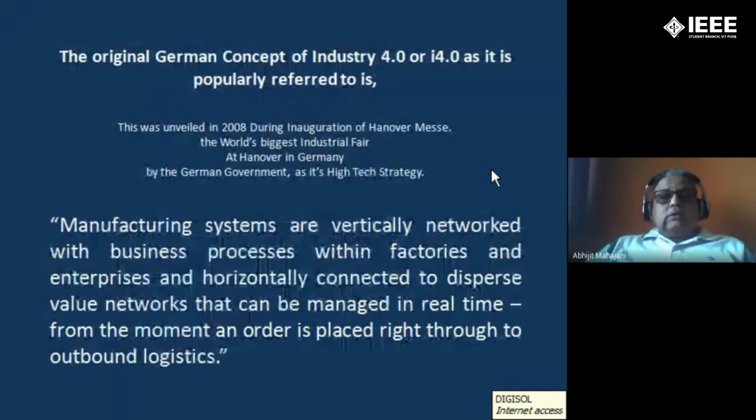This concept of Industry 4.0, or I 4.0 as it is popularly referred to, was unveiled in 2008 at the Hanover Messe Fair in Germany.